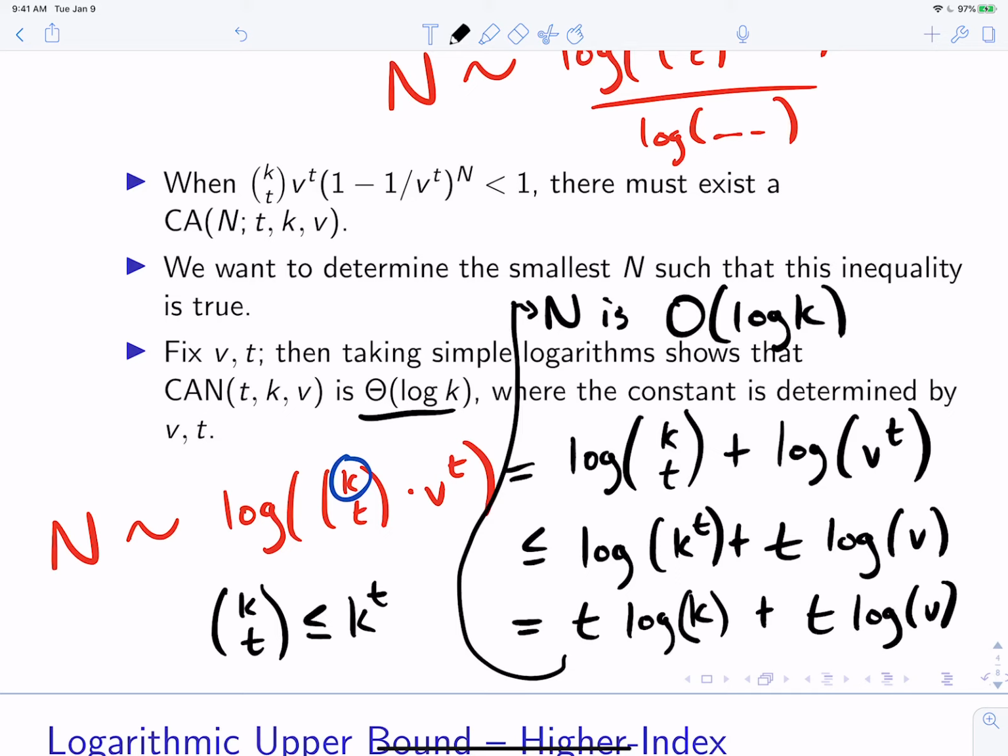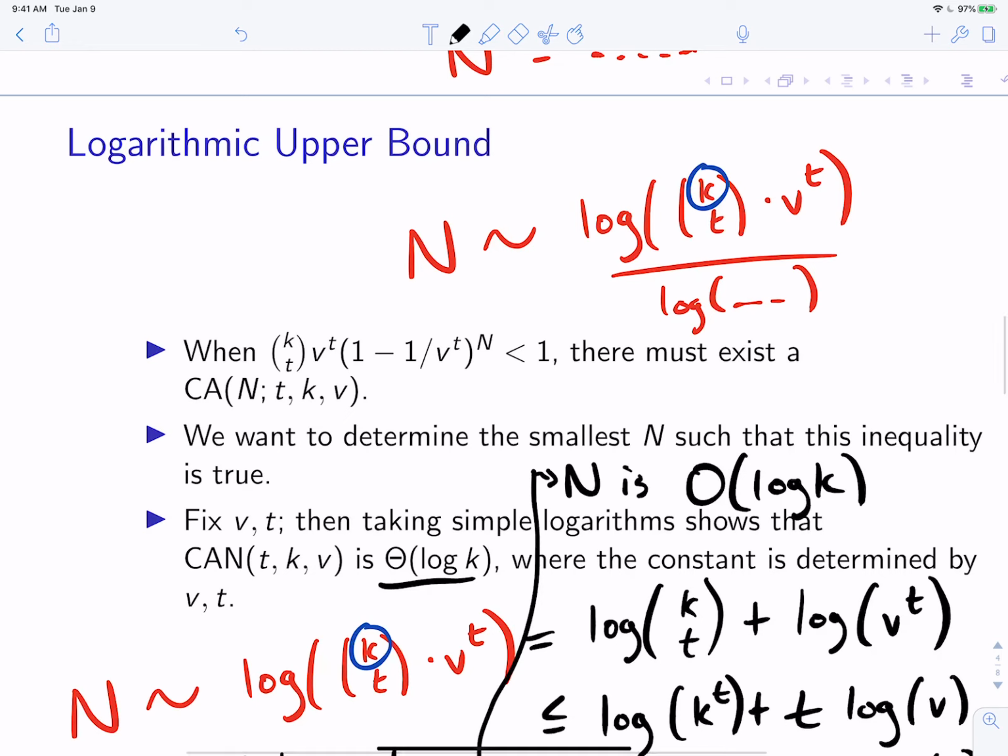So one really annoying thing about this is, does this tell you how to make a covering array of logarithmic size? No, it just tells you that it exists. So you may see in the literature that this is what is called a non-constructive bound, or that this method is non-constructive.